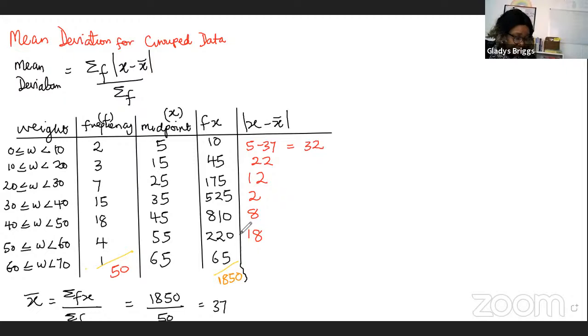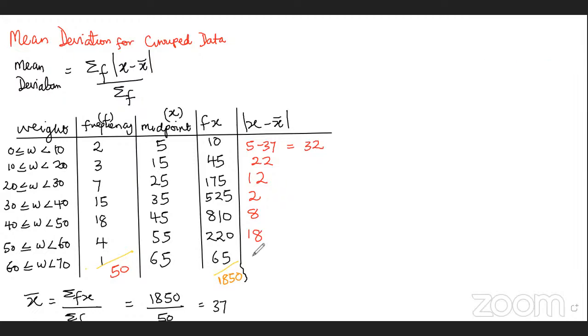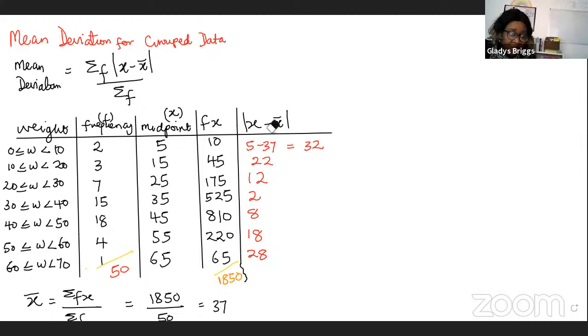And 65 minus 37 is 28. So it looks good: 32, 22, 12, 2, 8, 18, 28.